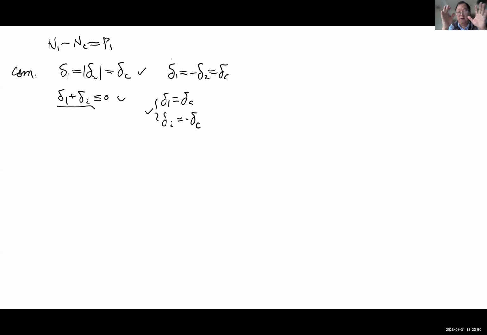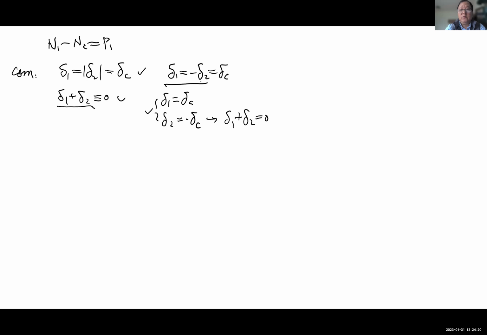They mean the same thing, because from this one you can get delta 1 plus delta 2 equals 0, because delta 1 equals negative delta 2. Mathematically they mean the same thing. Sometimes people think from one angle, sometimes another, but mathematically they're the same.